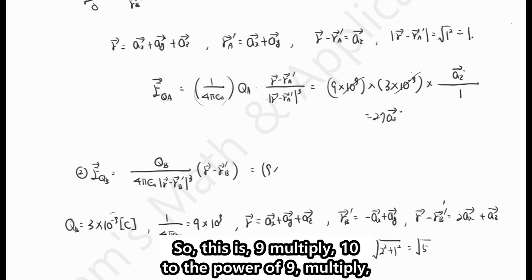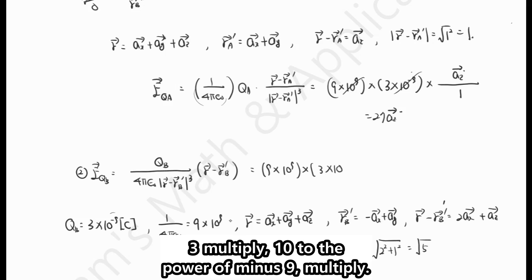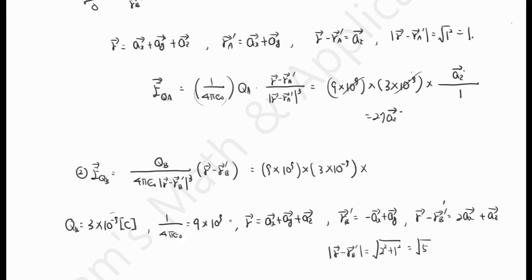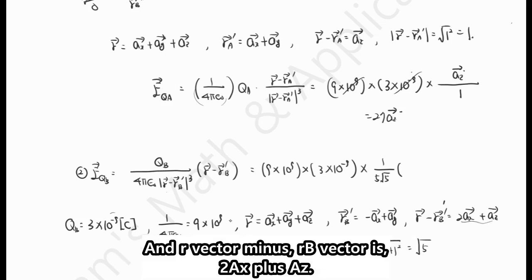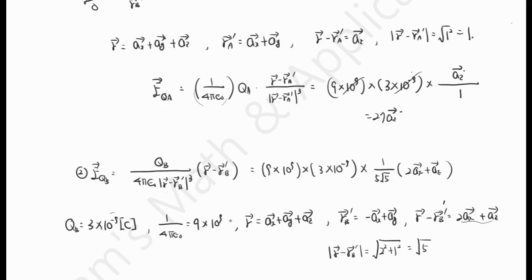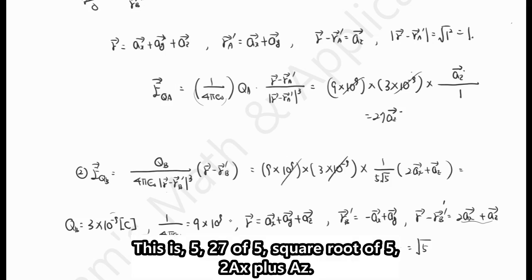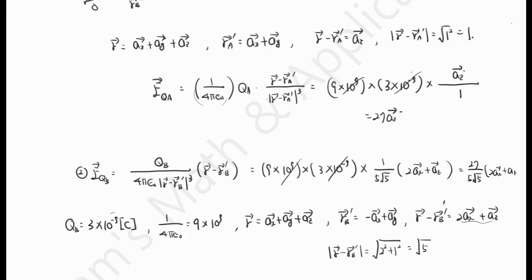So this is 9 times 10 to the power of 9 times 3 times 10 to the power of minus 9 times 1 over the magnitude cubed, which is 5 square root of 5, and R vector minus RB vector is 2AX plus AZ. This is 27 over 5 square root of 5 times (2AX plus AZ).